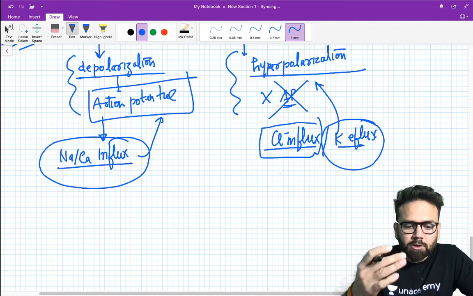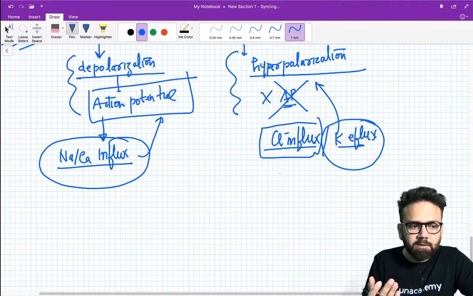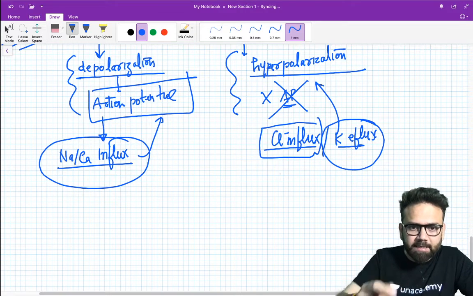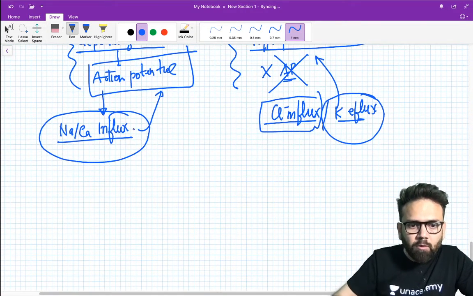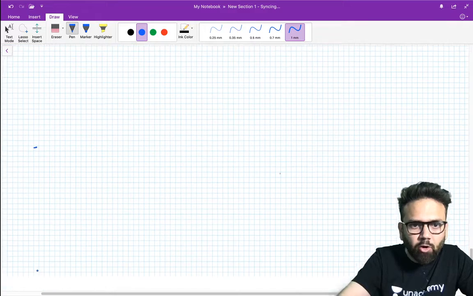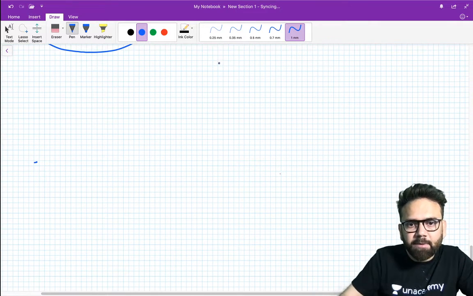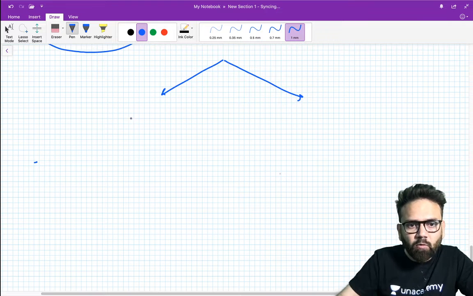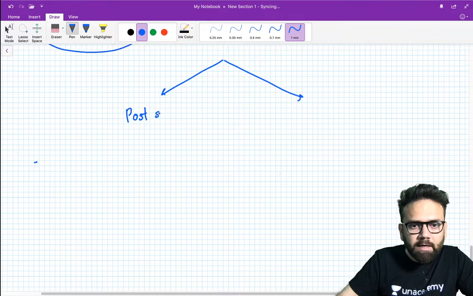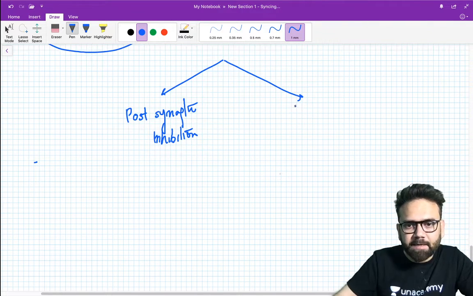Because we are discussing postsynaptic summation, now we will discuss inhibition. Inhibition can be of two types: one is called postsynaptic inhibition, the other is called presynaptic inhibition.